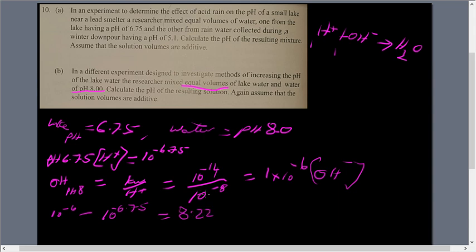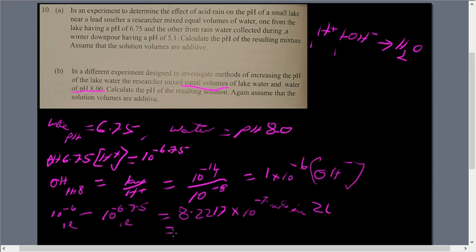That will give us a value of 8.2217 times 10 to the minus 7, I think it is, moles in 2 litres. 1 litre from here and 1 litre from here.